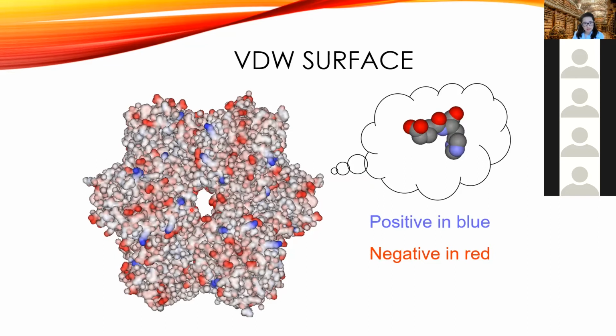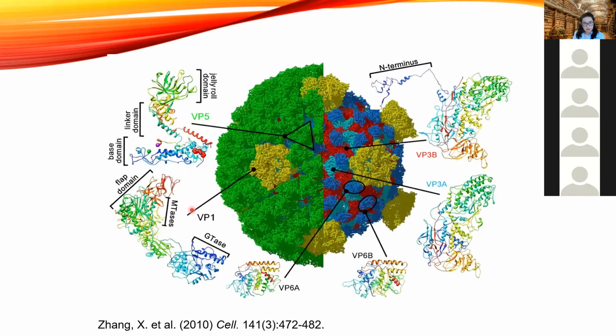So that's the basis of how to design the drug molecule to bind with the protein pocket based on the lock and key concepts. So for example, this is how the structural biologists will see the virus.